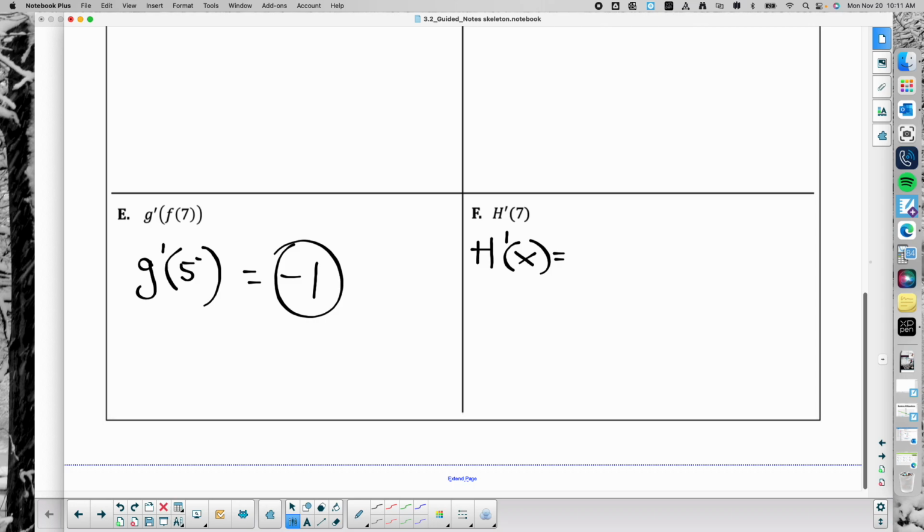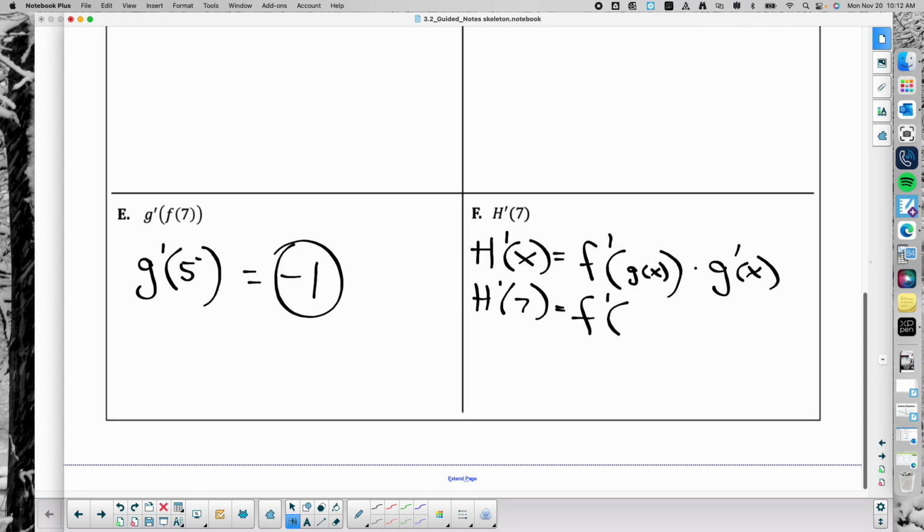No. Okay. So then this would be f prime of g of x times the derivative of the inside, which would be g prime of x. And then we can plug the 7 in. F prime of g of 7 and g prime of 7.